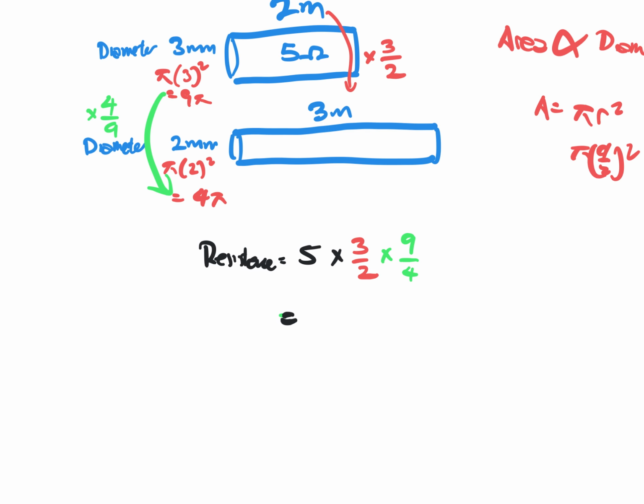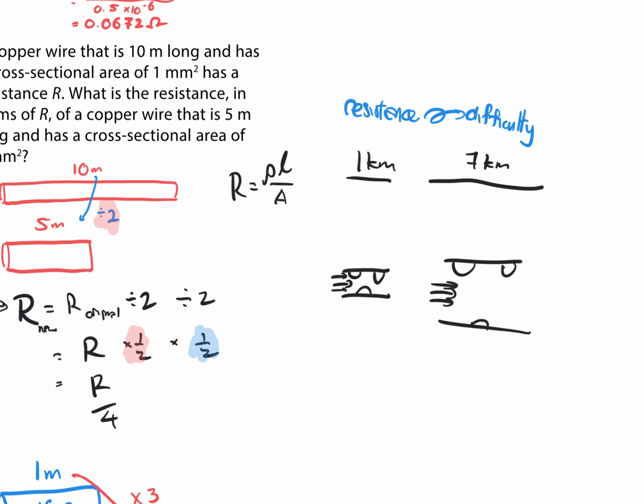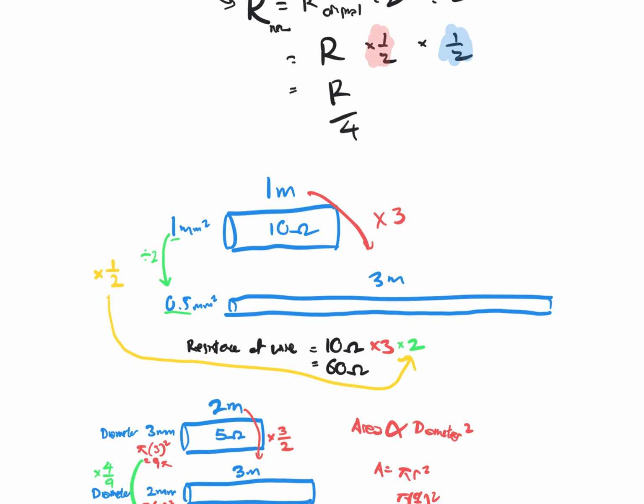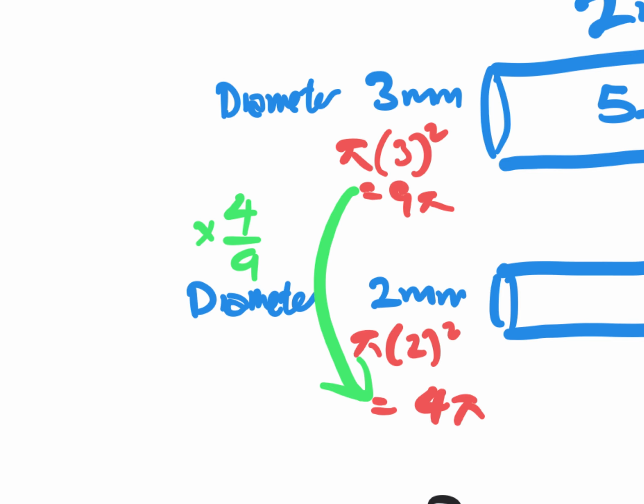If my area got smaller, does the difficulty get smaller? No. When the area gets smaller, the difficulty gets greater. It got squeezed, so it's a smaller area, it's going to be harder, the opposite direction.